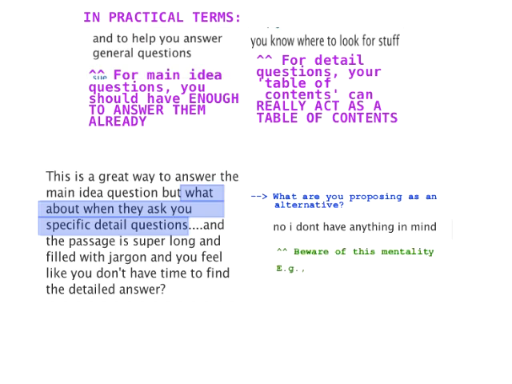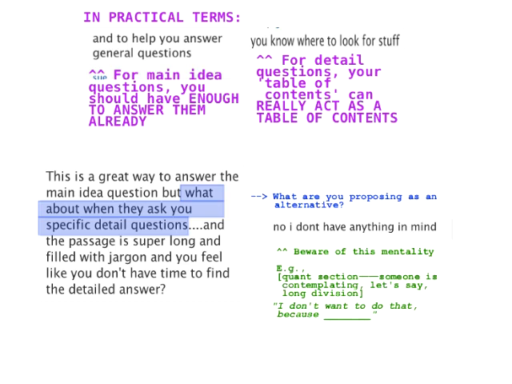For example, on the quant section, someone will be contemplating something that's a fair amount of work, let's say long division, and they'll say something like this: I don't want to do that because, usually it's because I think it'll take too long, but it's some sort of reason not to do it. The biggest thing here is do not ever think this.